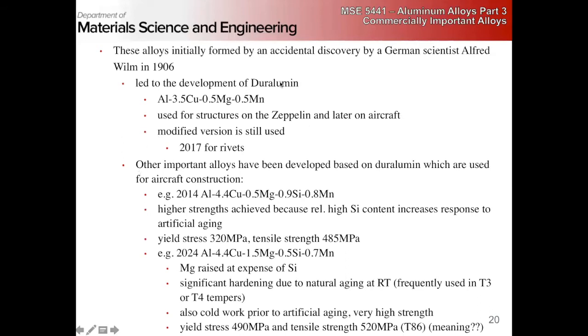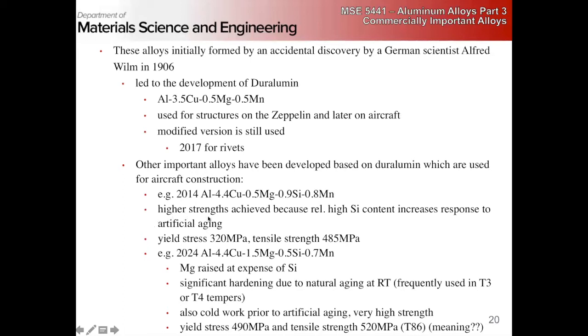So duralumin was the first, but it formed the basis of a whole suite of alloys. 2014 has a slightly higher copper content and the addition of some silicon and increased manganese.